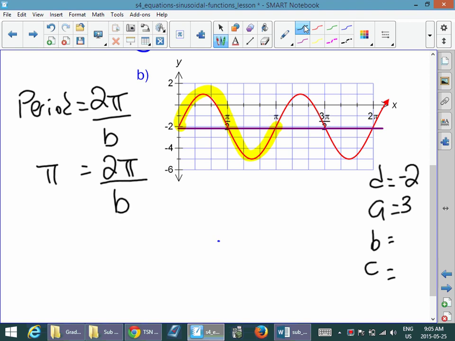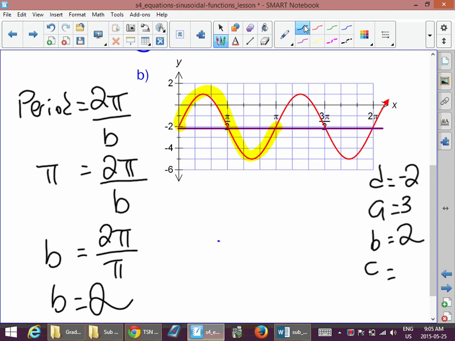If we want to find out what B is, we have to just solve this equation, knowing that that period's pi. So if I just rewrite this equation by doing some cross multiplying, 2 pi divided by pi is 2. So B is 2. Okay? And C, again, we have to look at what the graph's doing. It's starting at the middle line. It's going up.